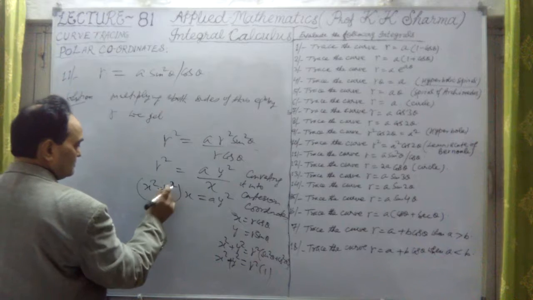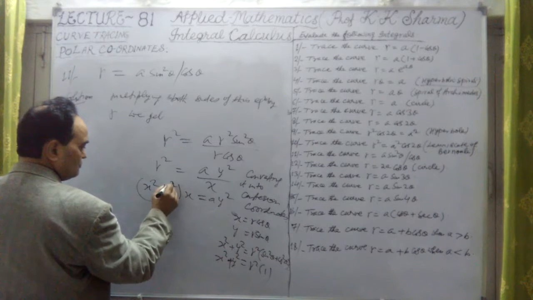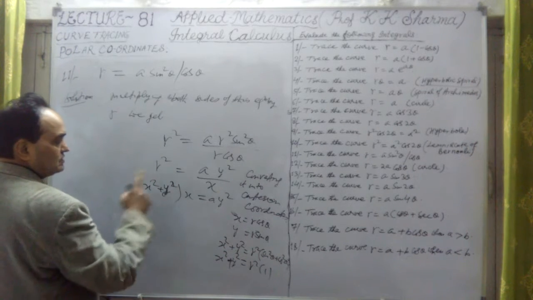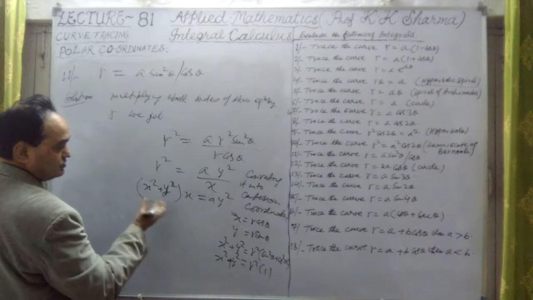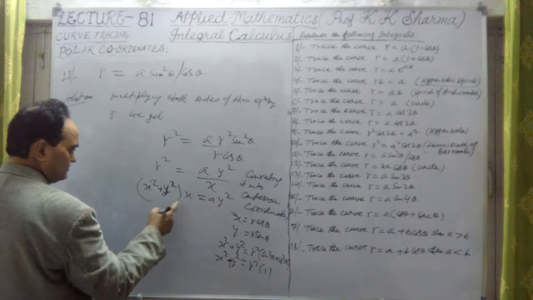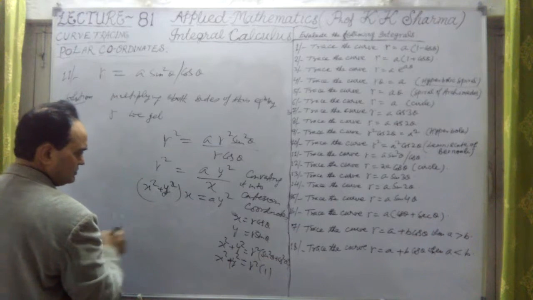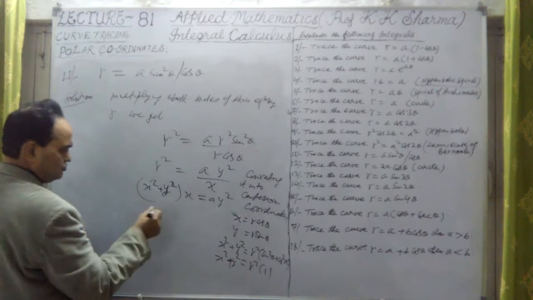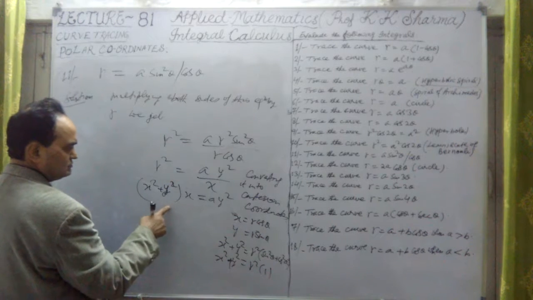So if I've now converted this into Cartesian coordinates, we can trace the curve in Cartesian coordinates. The same curve will be there.